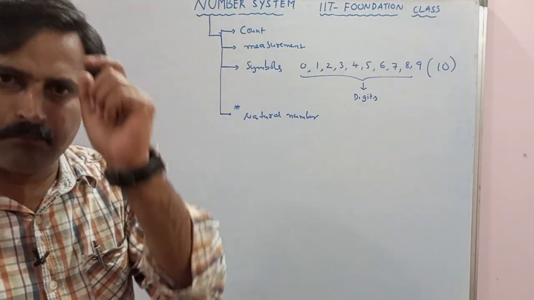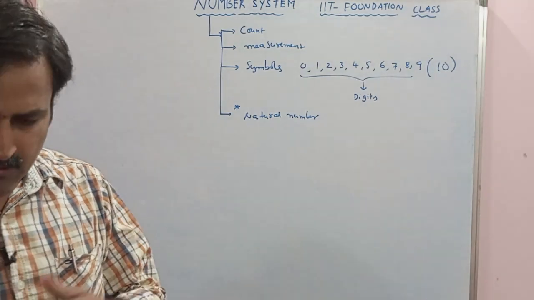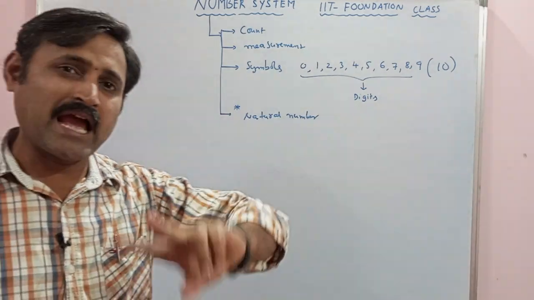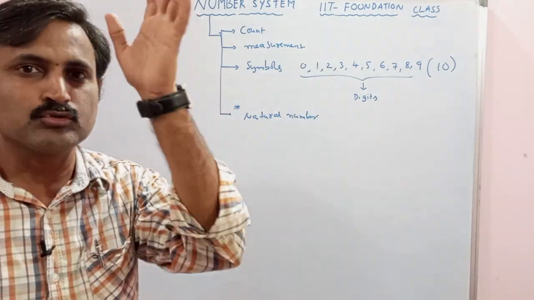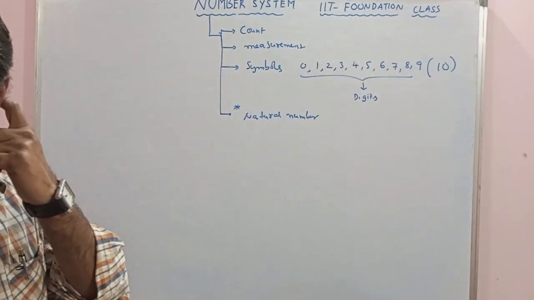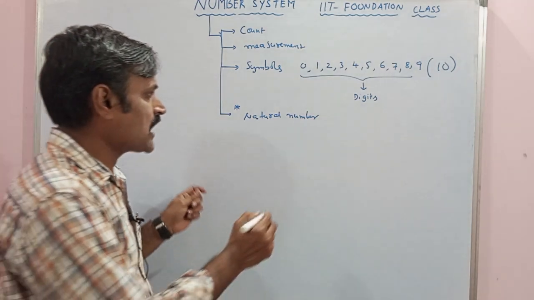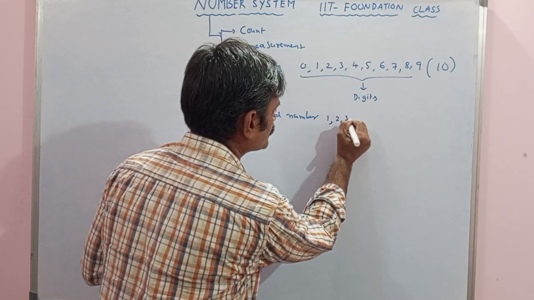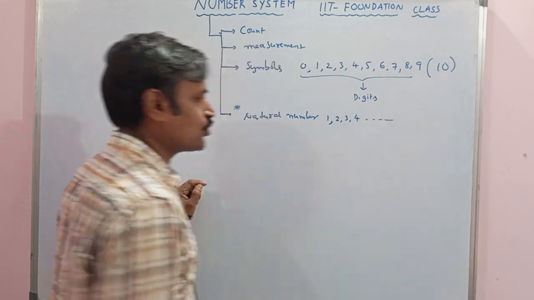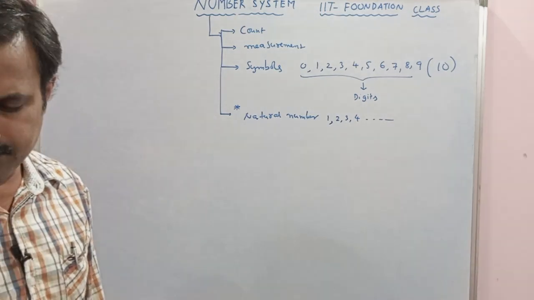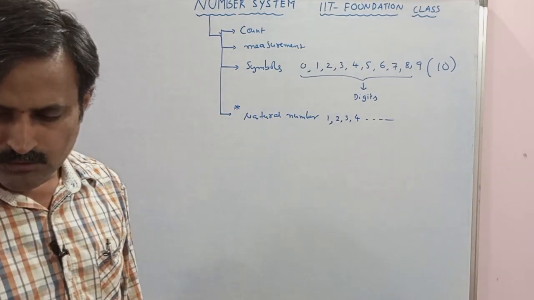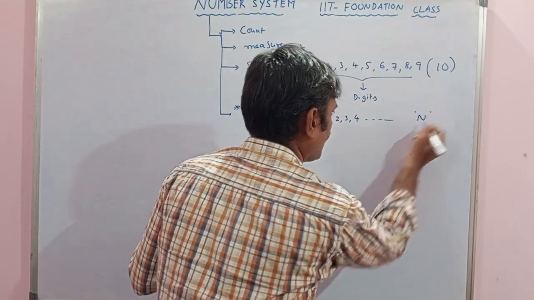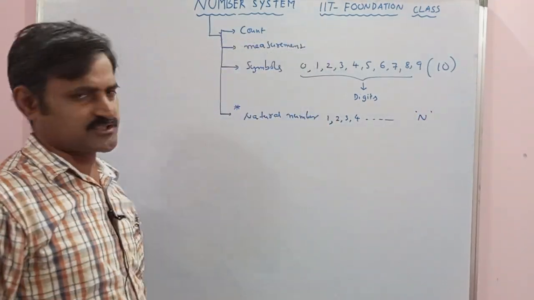Counting numbers, when we start counting from 1, 2, 3, 4 and so on without writing 0, are denoted by the symbol capital N and are called natural numbers.